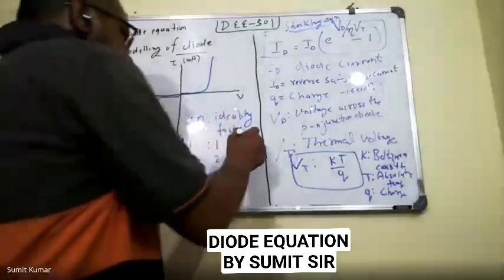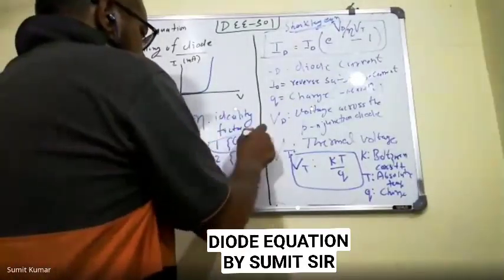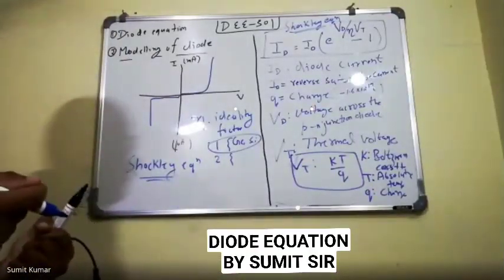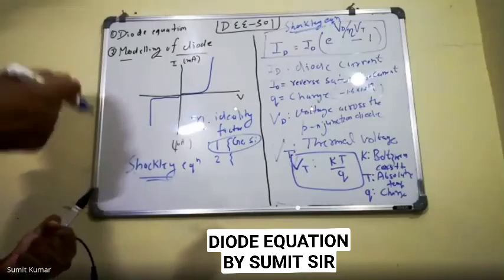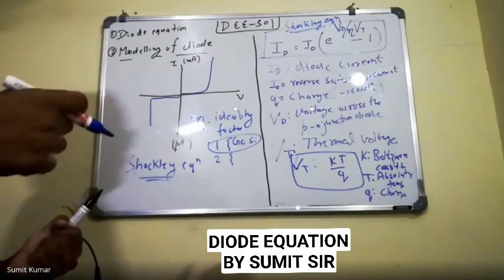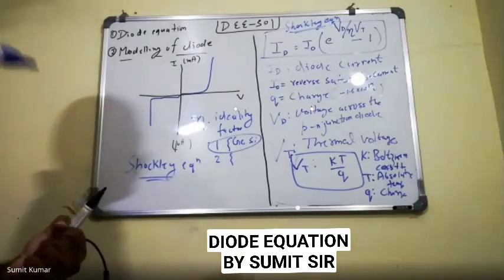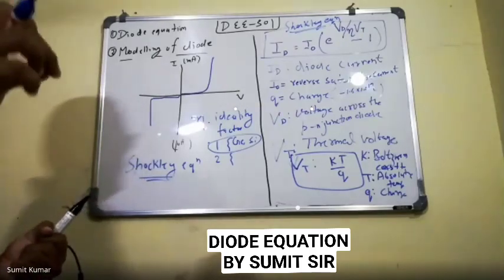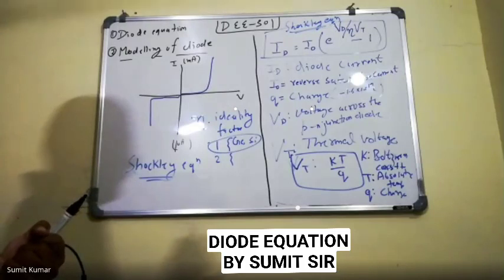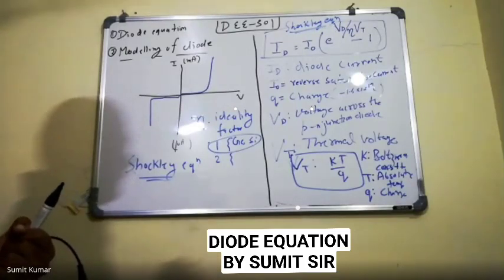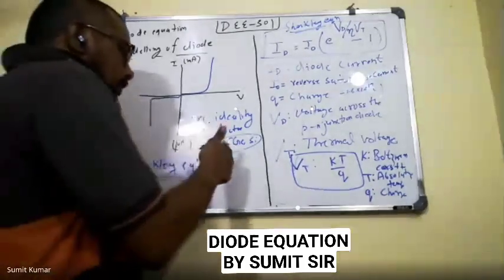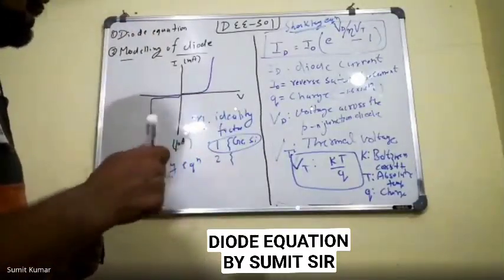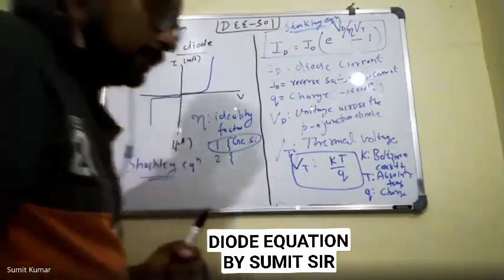But for our purposes we will take this as one, unless otherwise given in the numerical. If in the numerical it is given as some value, 1 to 1.5, then you will have to take that value. Otherwise, if it is not given, for all our purposes, we will assume it as 1.